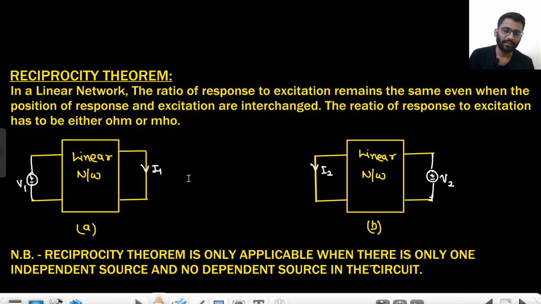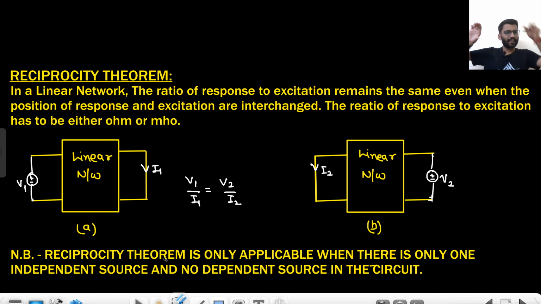So what they mean by that is V1 by I1 is equal to V2 by I2, or you can say just the reciprocal of it, I1 by V1 is equal to I2 by V2. I am applying the voltage source V1 at this port and getting the current at the other port.